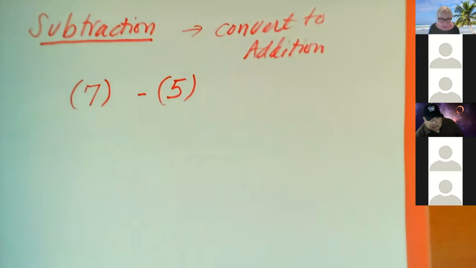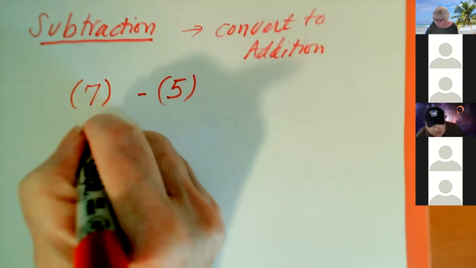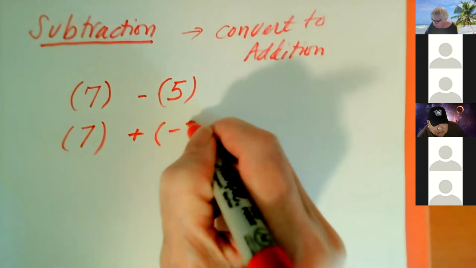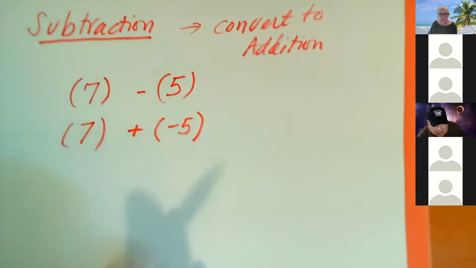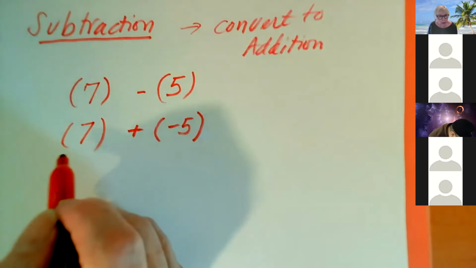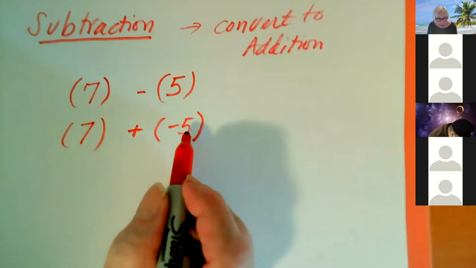So everybody knows what 7 take away 5 is. But to convert it to addition, I would do this: 7 plus -5. Well, from the first section of addition, we figured out how to do that.